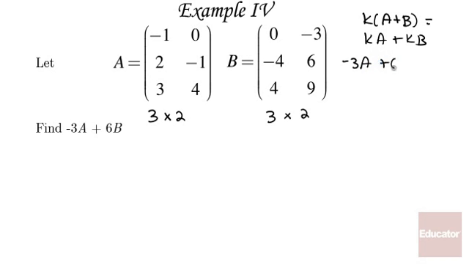I could factor out the negative 3, and then I'm going to end up with A minus 2B. This would be another way to do that. However, it's a toss-up which way is easier. I'm going to go ahead and just follow the original, but if you felt like this way is easier, you could have done it this way.